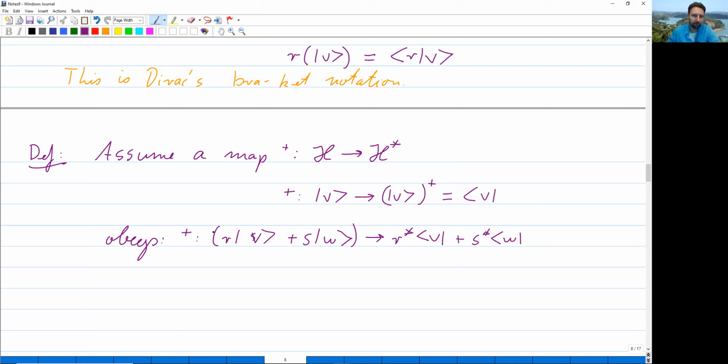We can pull it out of this action of the dagger, but it gets complex conjugated.